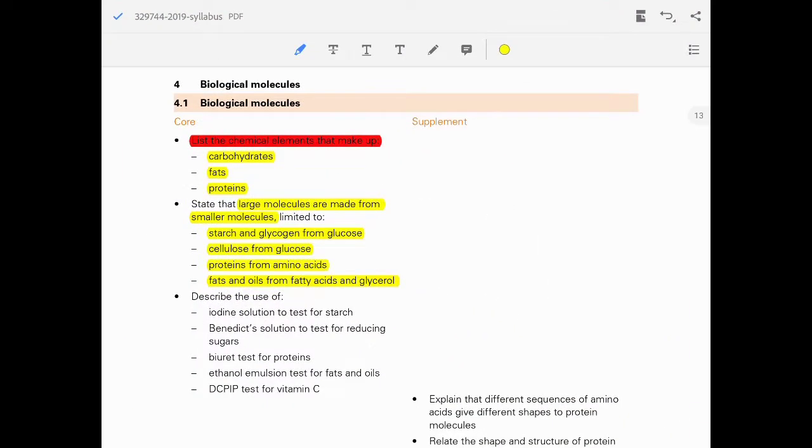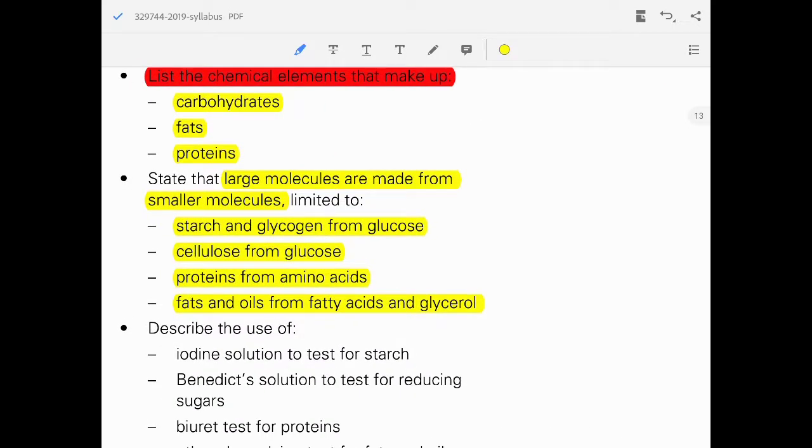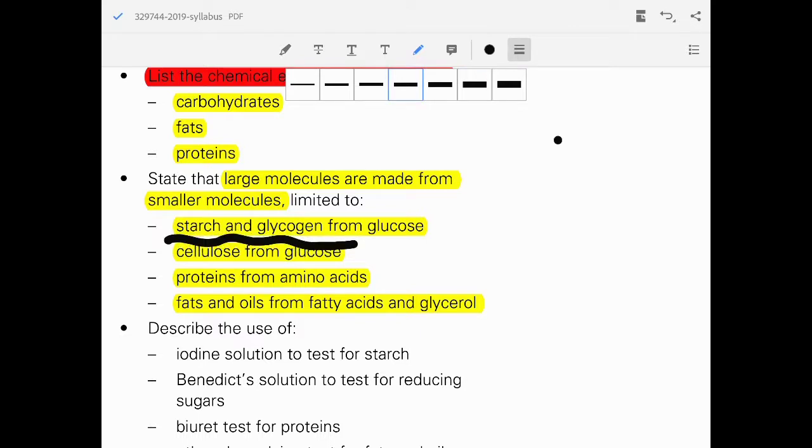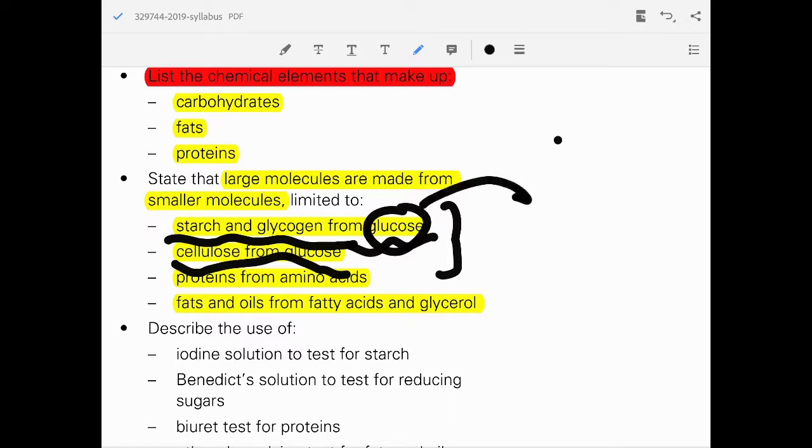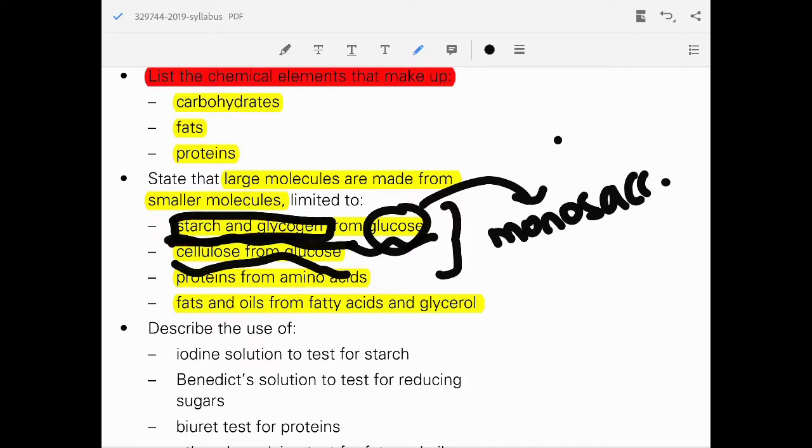Now that we finished cellulose from glucose, starch and glycogen from glucose and cellulose from glucose just means that glucose is obviously a monosaccharide, and starch, glycogen and cellulose are polysaccharides.